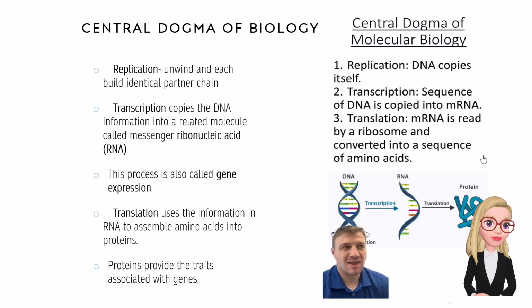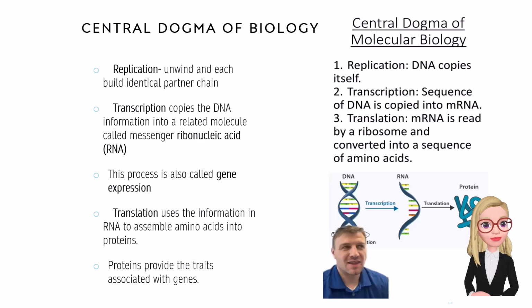This is arguably one of the most important aspects of biology that you should know. It's called the central dogma of molecular biology. A dogma is like a set of principles, and like in this case, that all of molecular biology follows. There are 3 steps to the central dogma of molecular biology. In order they go replication, transcription, translation. Replication is when DNA copies itself, shown here in our illustration.